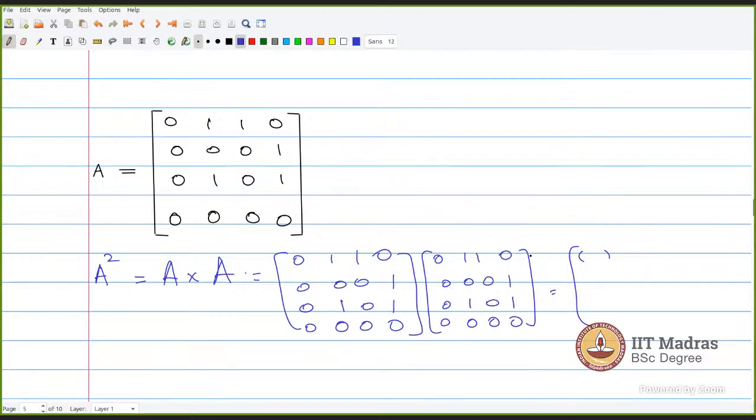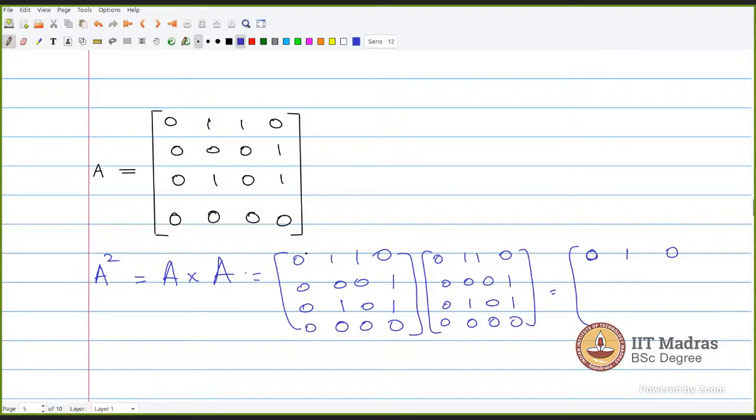So this will be 0 plus 0 plus 0 plus 0, so this will be 0. This is how you have to find it. Now the second element, first row, second column, will be 0 times 1, 1 times 0, 1 times 1, and 0 times 0. If you add all those things, you will get 1. Similarly 0 times 1, 1 times 0, 1 times 0, 0 times 0. This will be 0.